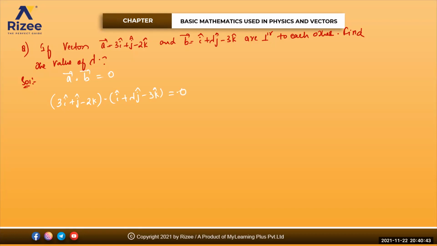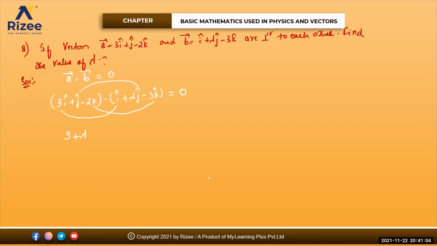Okay. You multiply i to i, j to j, and k to k. I dot I is 1. 3 into 1 is nothing but 3 plus 1 into lambda is nothing but lambda. Then this one is minus of minus, this will become plus, and this will be equal to 6.